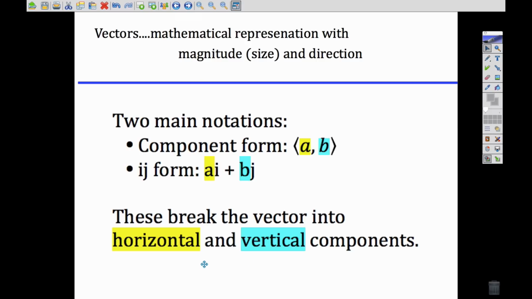Okay, so how far it's going in the horizontal direction, we can think about that on the x-axis on a coordinate grid, and then the vertical component we can think of the distance on the y-axis. And because we're so used to the coordinate grid going x and then y, vectors use the same notation. Horizontal you can think of as the x, and vertical you can think of as the y, and it goes in that order.